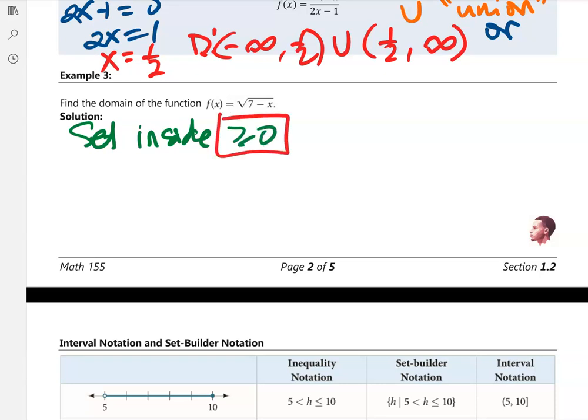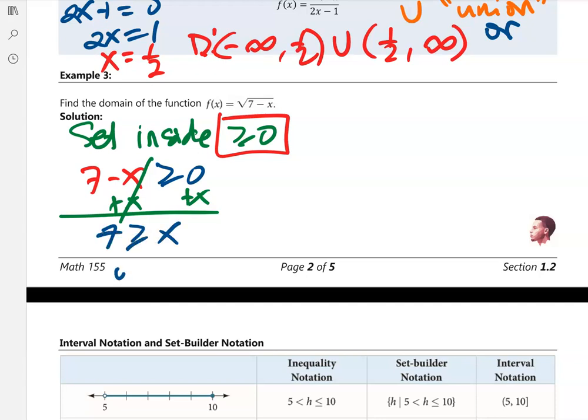You have to set inside greater than or equal to 0. So 7 minus x is greater than or equal to 0. So for x, if we add x to both sides, that is 7 is greater than or equal to x, or that means x is less than or equal to 7.